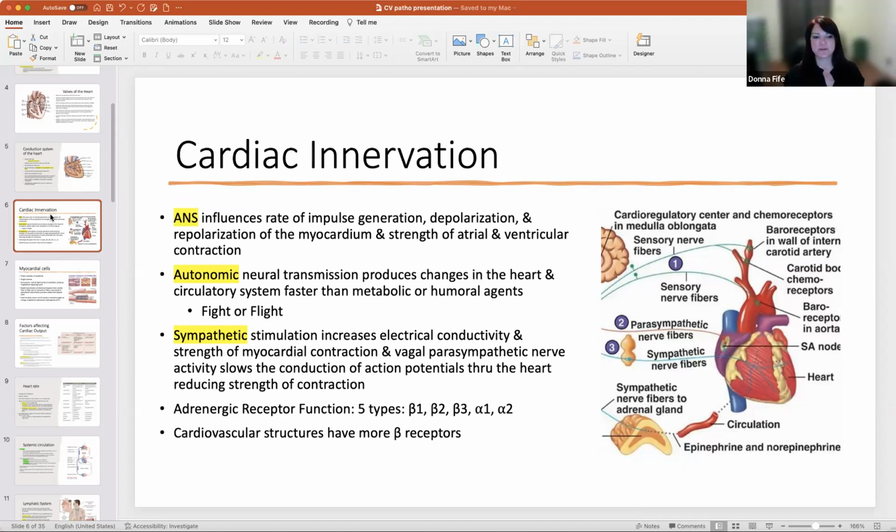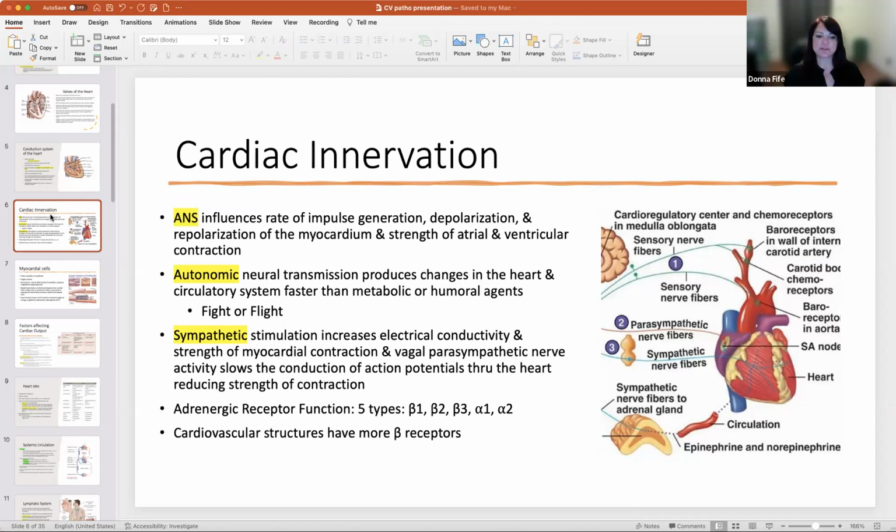And you think of this as the fight or flight, it has to work fast. Sympathetic stimulation increases electrical conductivity and strength of the myocardial contraction, and vagal parasympathetic nerve activity slows the conduction of action potentials through the heart, reducing strength of contraction.